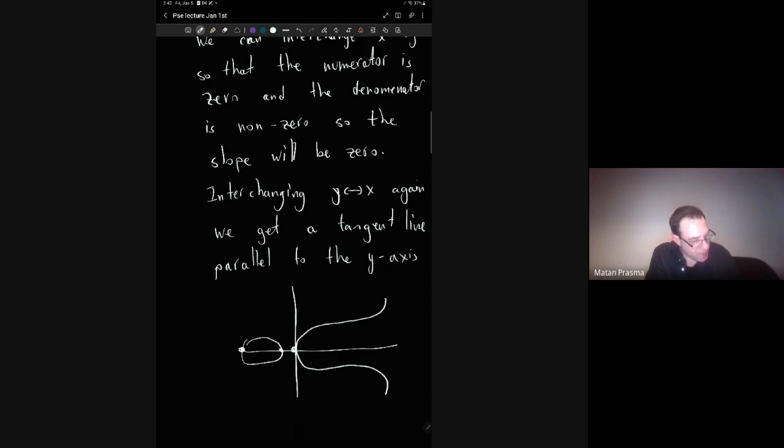And in each of the cases, we have a tangent line that is parallel to the y-axis. I mean, the slope is kind of infinity, but the tangent line is well defined.